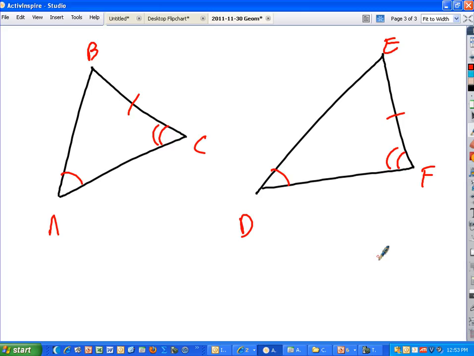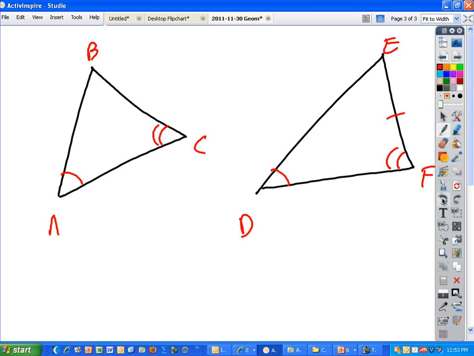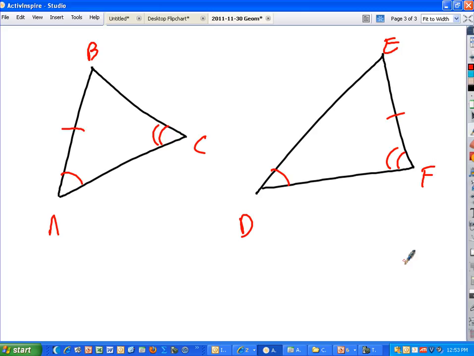Okay, how about this one? Now how come? It looks like I've got angle, side, and angle, side. Why doesn't that work? Ah, the wrong sides. They're not corresponding sides.